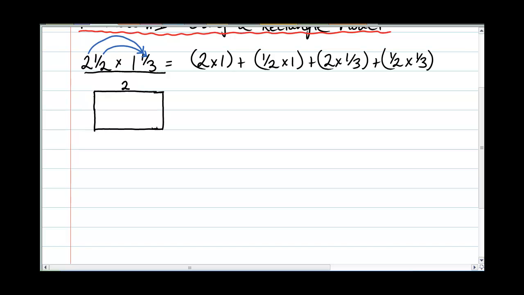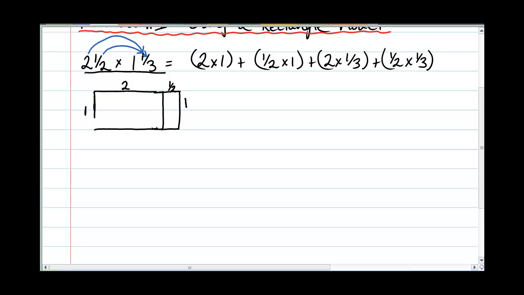So this is 2 long by 1 wide. Then I'm going to go 1/2 by 1. Well, if this is 2, then something like this would be half. So I'm going to draw a little section that's 1/2. So this is 1/2 by 1.